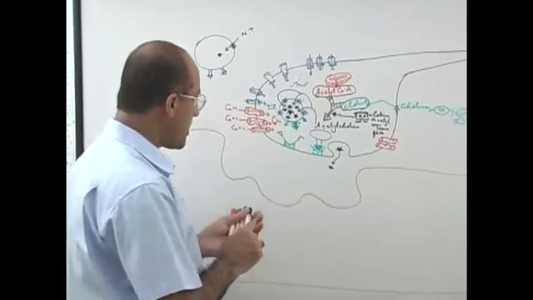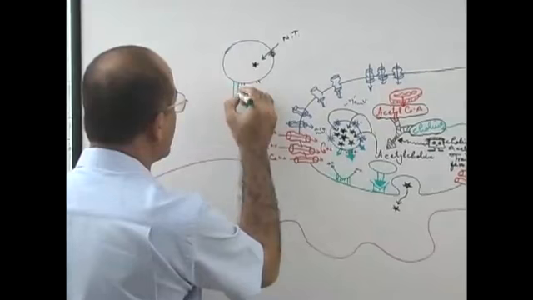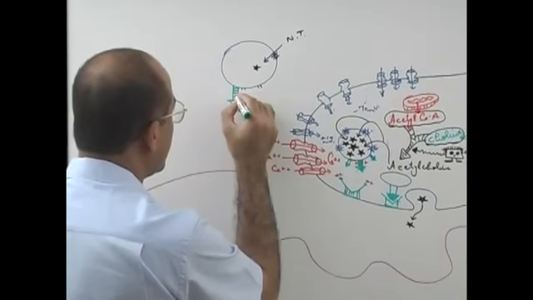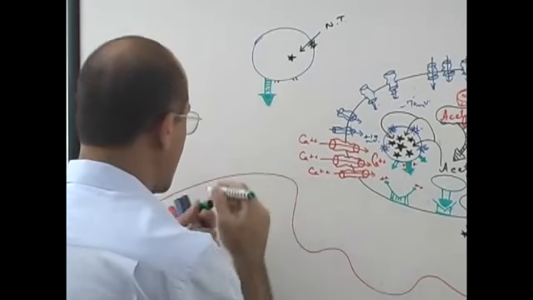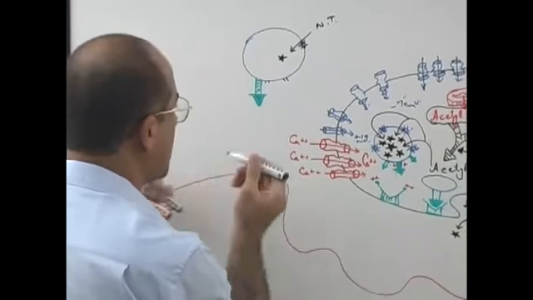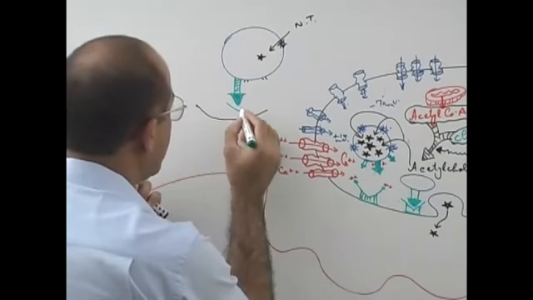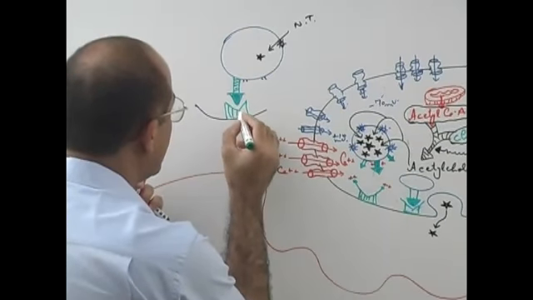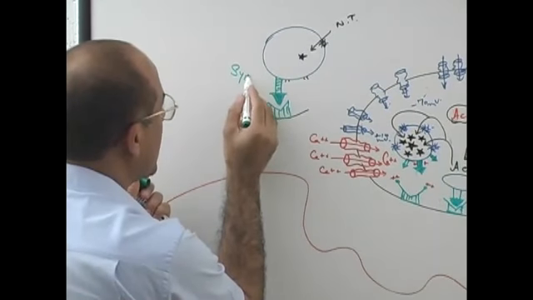Let me tell you the name of these proteins. These were the proteins. This was one protein which was present on the synaptic vesicle, and there was another protein which was present on the membrane. This protein is called synaptobrevin.